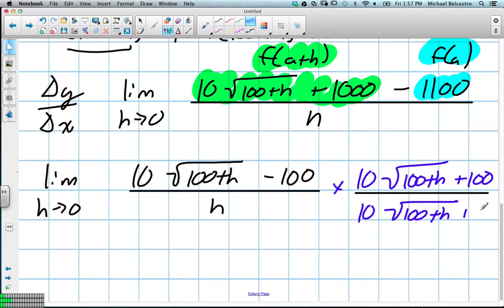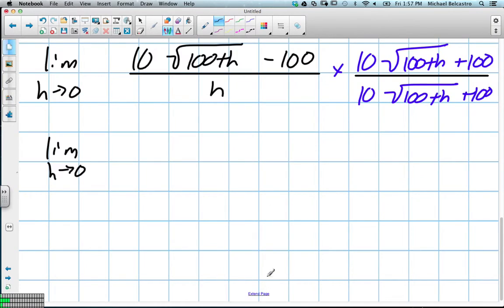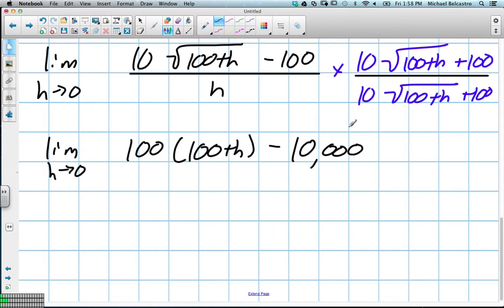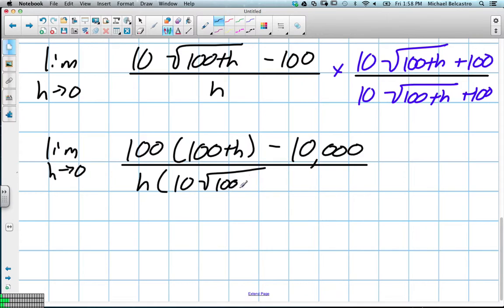When we go to rationalize it, our limit as h approaches 0 then becomes 100 times 100 plus h minus 100 times 100, 10,000, all over h times 10 root 100 plus h plus 100.